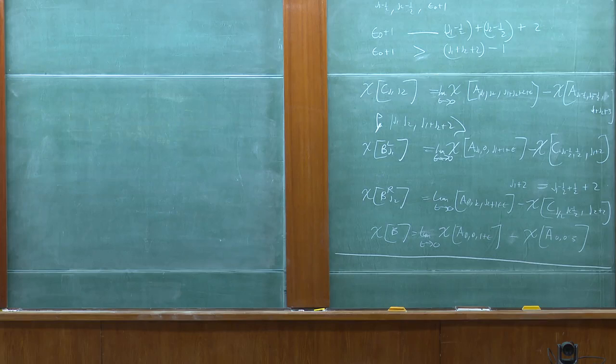So if you're interested in keeping track of the character, it's better to treat it as separate. It's got a different character from BL of 0. If you took the character of BL of J and analytically continued to 0, you wouldn't get the right answer, because the null state of BL occurs at level 1, whereas this null state occurs at level 2. So it's a different subtraction. Okay, so it's better not to think of it as BL of 0.